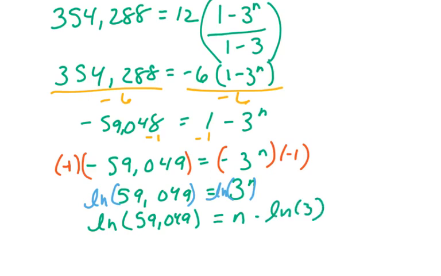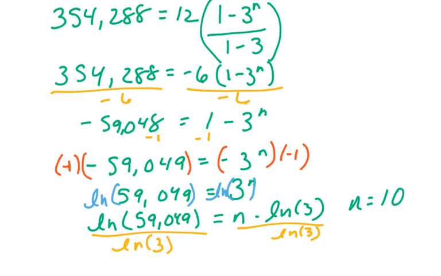Then we can divide both sides by the natural log of 3. And when we put that in our calculator, we are going to get an n value of 10.